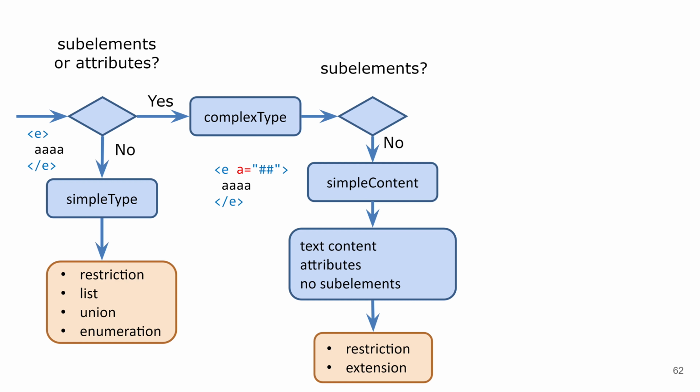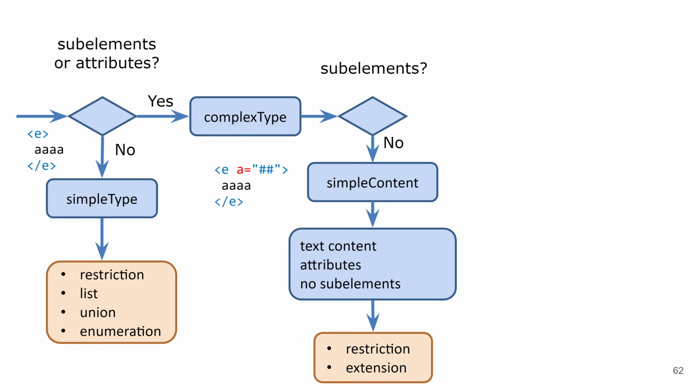Okay, so this was what we can do with simple types. Now, let's say that the answer to our questions, whether our element will have sub-elements or attributes, is yes. In that case, we need to do a complex type definition. And again, a decision awaits us. And the decision is whether this element will have sub-elements.